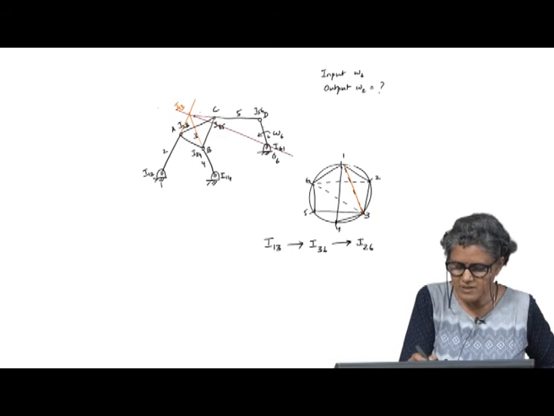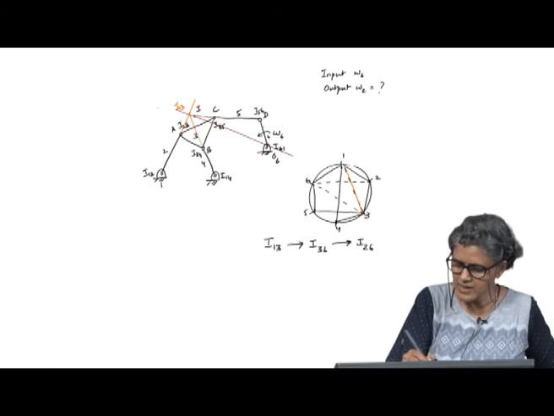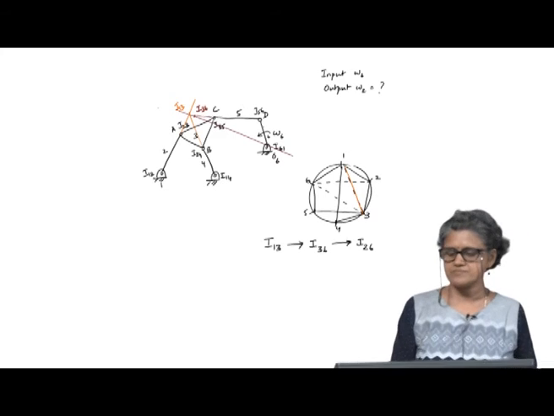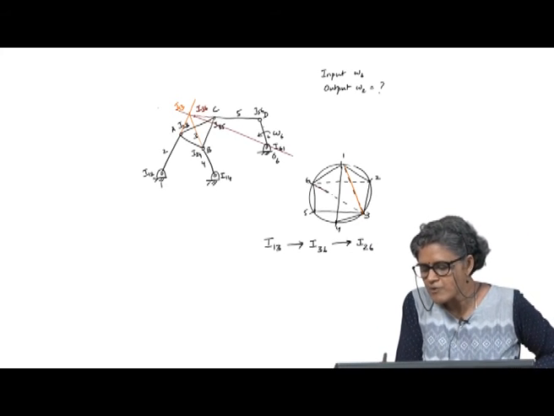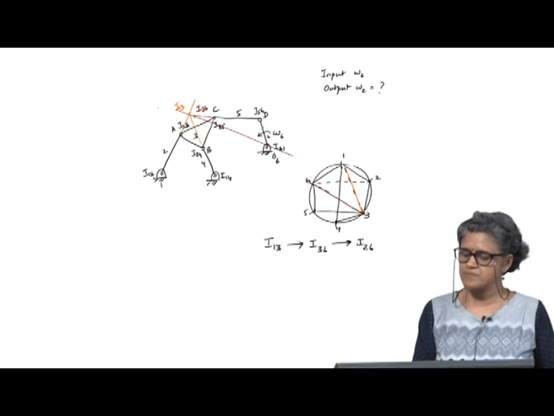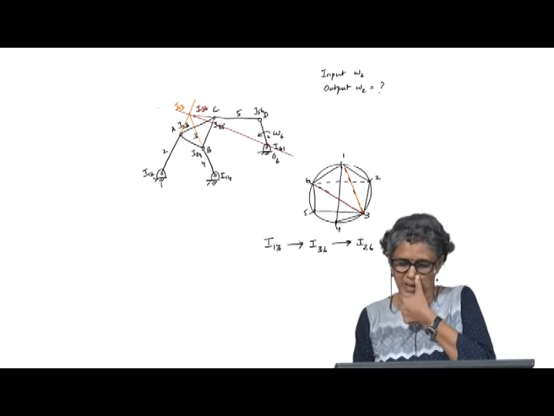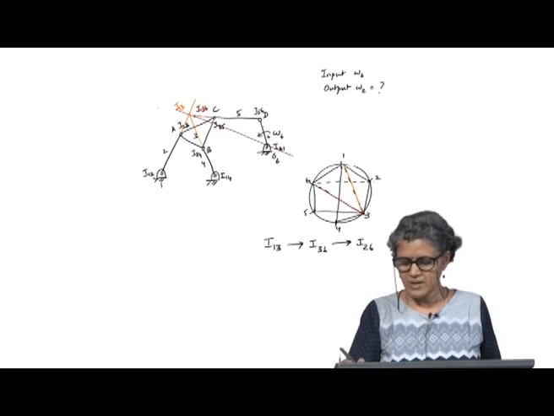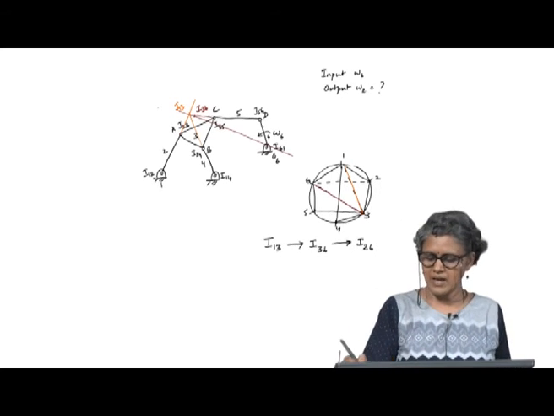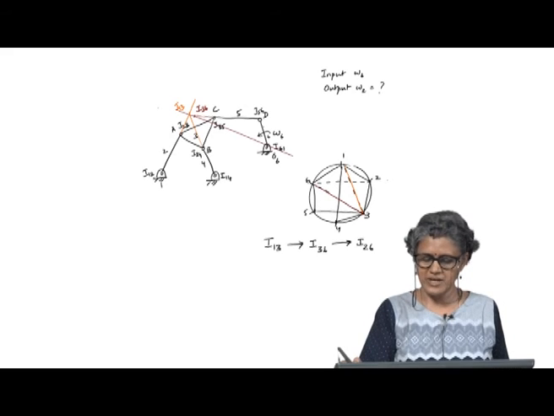So, somewhere here is I36. So, now I have found I36. Once I know I36, I23, I36. So, I want to find I26 now.